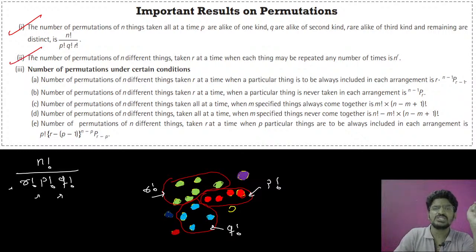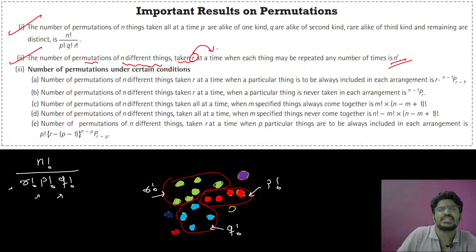The number of permutations of n different things taken r at a time, when each thing may be repeated any number of times, will be equal to n to the power of r. So that is called n to the power of r.